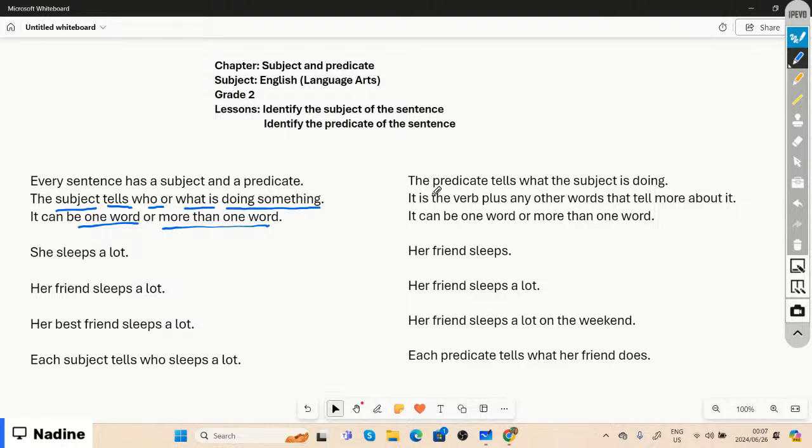All right. So if we look at examples of subjects, that tells us either who is doing something or what is doing something. Like we said, it can either be one word or more than one word. For example, we say she sleeps a lot.